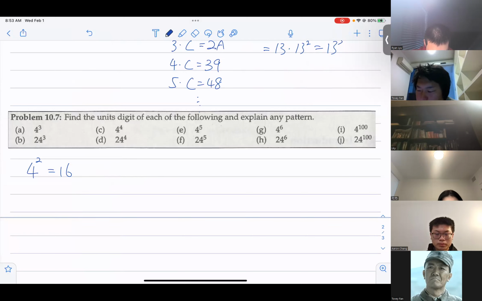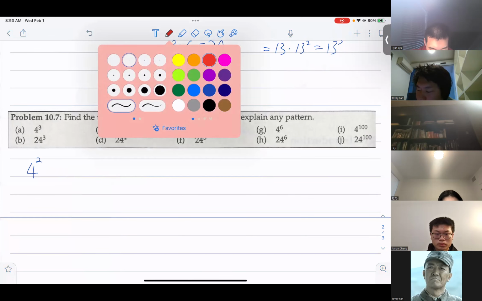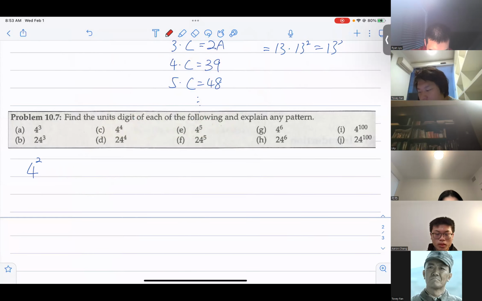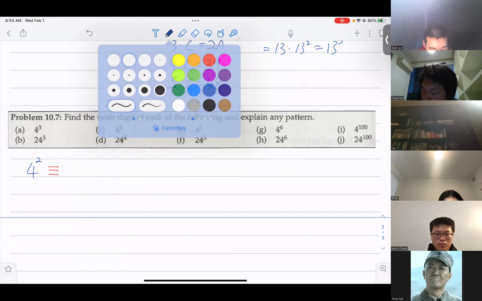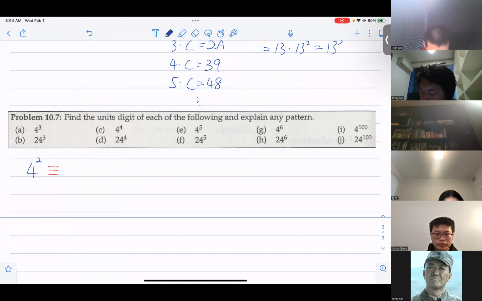So we have a special notation for it. Okay, special notation, guys. If you need to notate the unit digit, we use this. Instead of an equal sign, we write down this. Okay, 3 bars. And then the unit digit, 4 squared is 16. So the unit digit is 6, right? So 4 squared is 6. This notation is read as is congruent to.